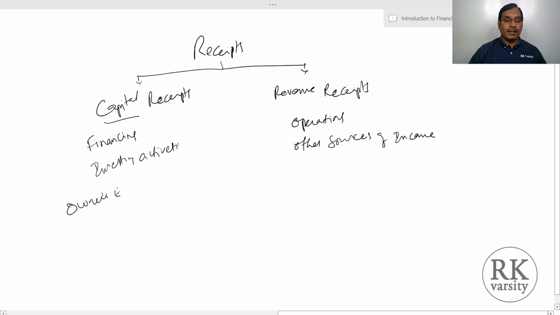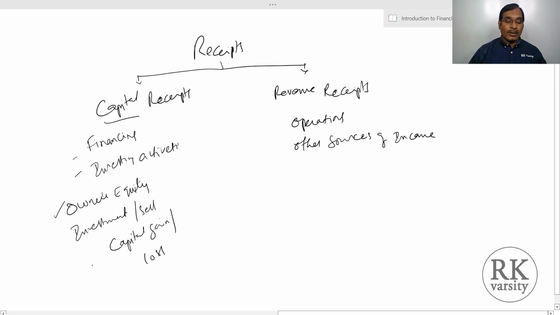Owners give equity or share capital to expand the business, to purchase economic resources, or by investing activities, in the sense we invest some money in a project and at a later time period we sell that investment at a higher price. In that case we get a capital gain, or if we are selling it at a lower price then we incur a loss. So your financing and investing activities are of a long-term nature.